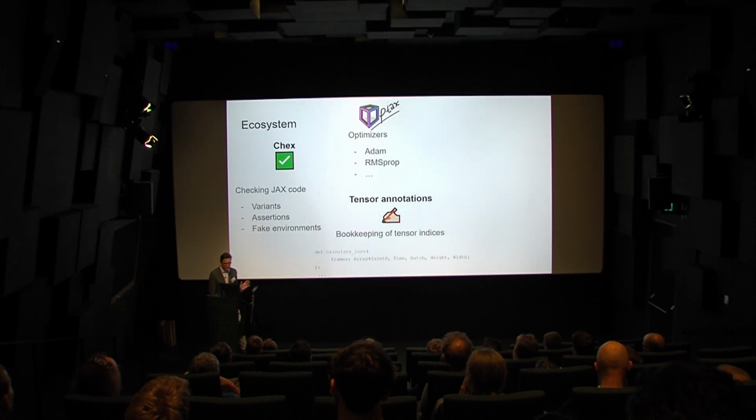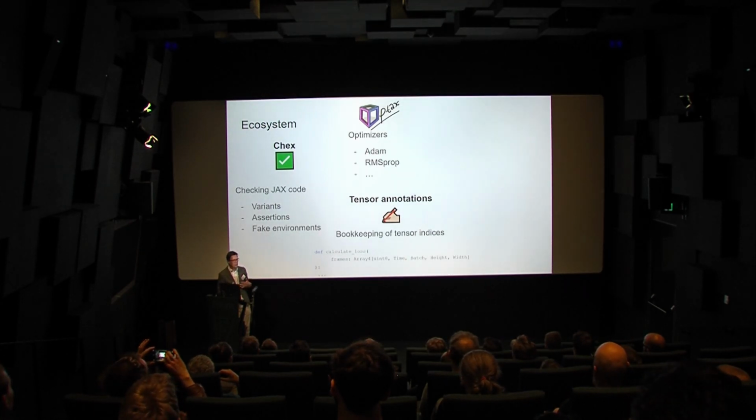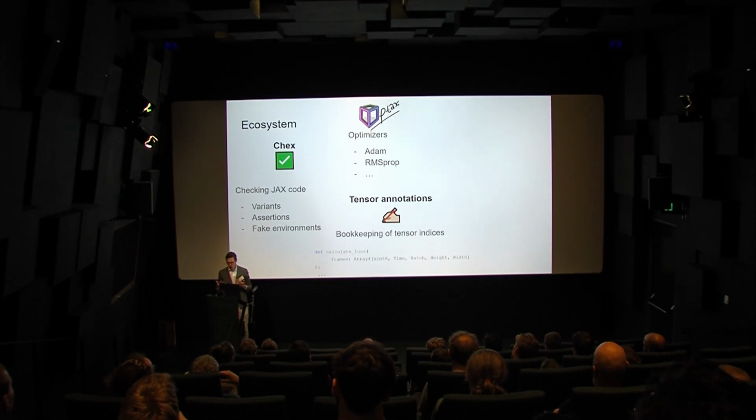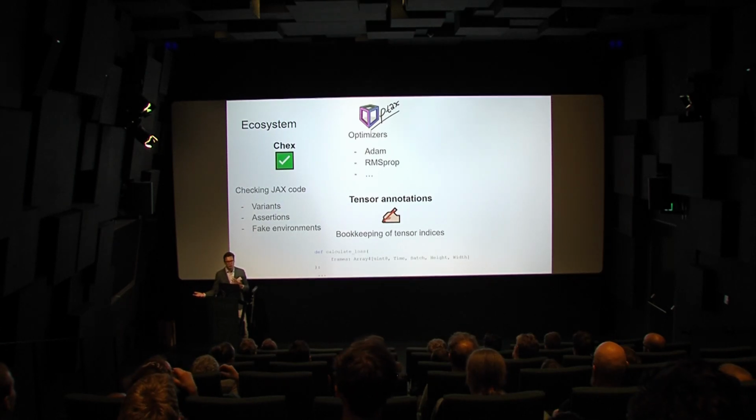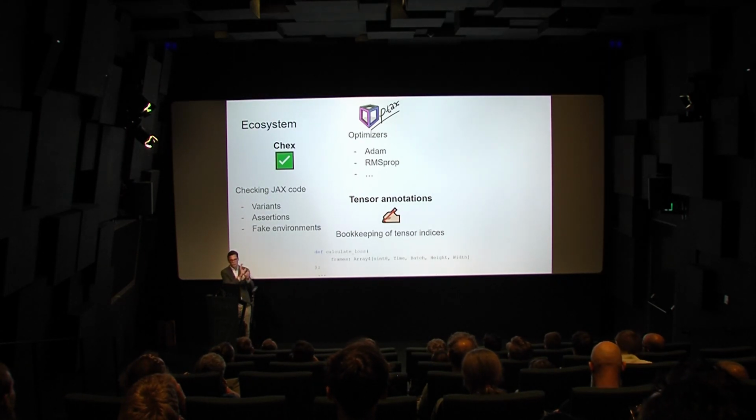What I find a real lifesaver is tensor annotation. So if you have, for example, videos, then you have multiple indices which semantically mean different things. For example, they can refer to time, to the width of the image, the x or the y coordinates. You can also have multiple batches of videos. And so you can sometimes confuse the different indices.